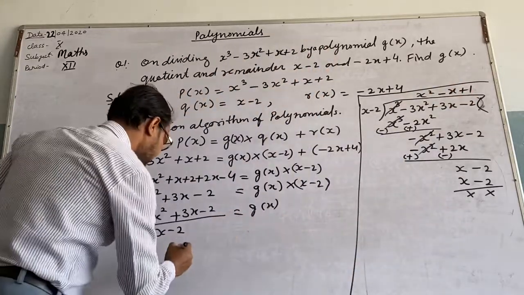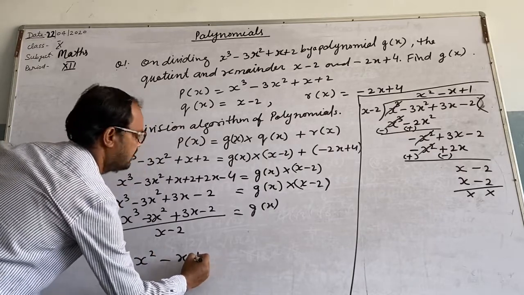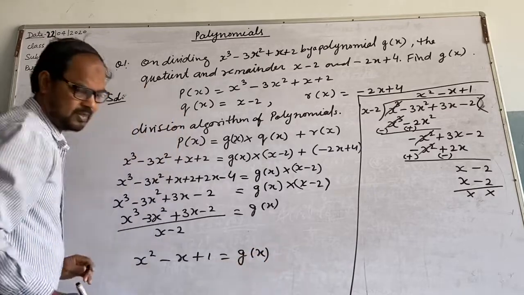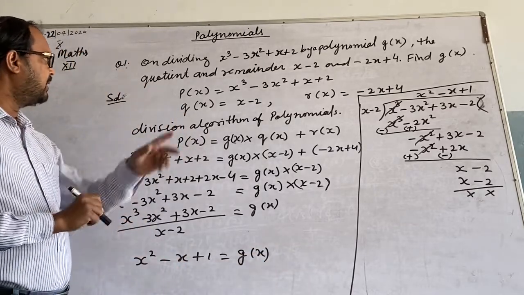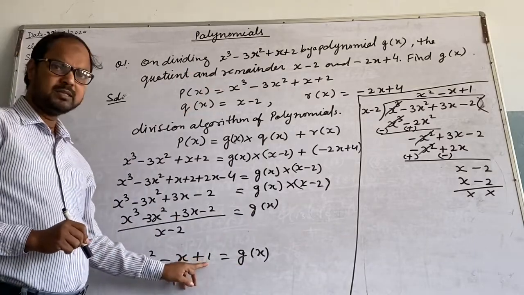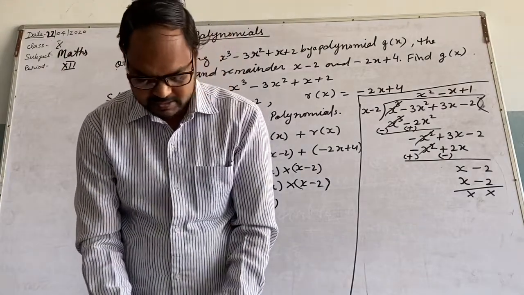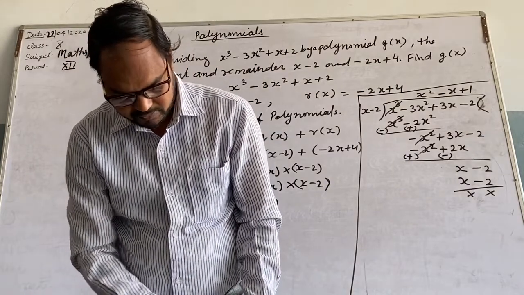So this will be x square minus x plus 1, it is g(x). In this way we find that the polynomial g(x) is x square minus x plus 1. We can write here the answer: polynomial g(x) is x square minus x plus 1.